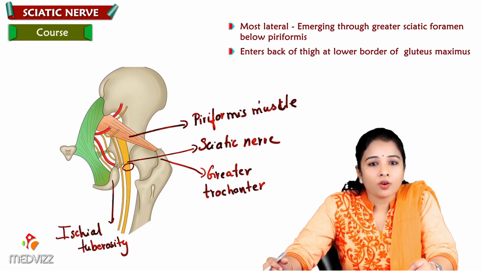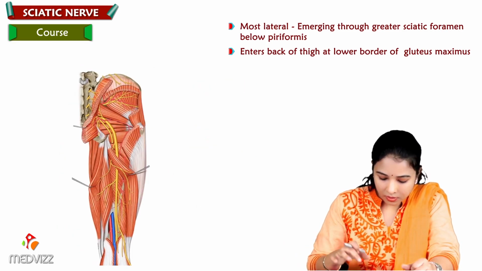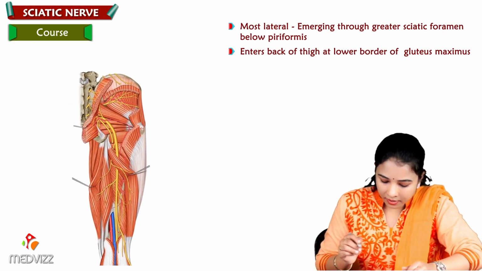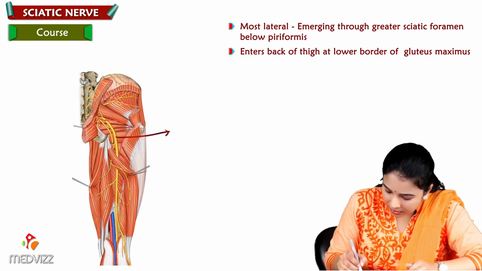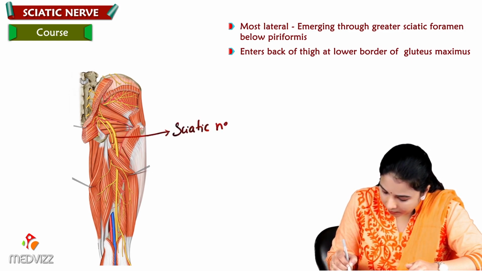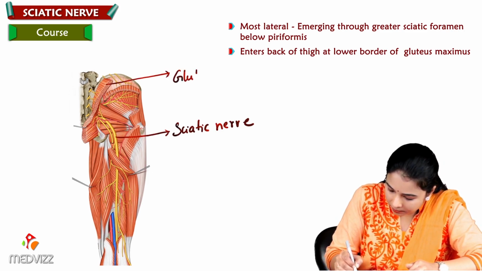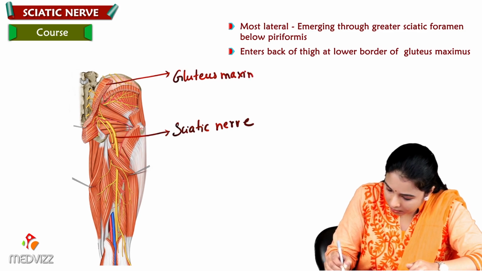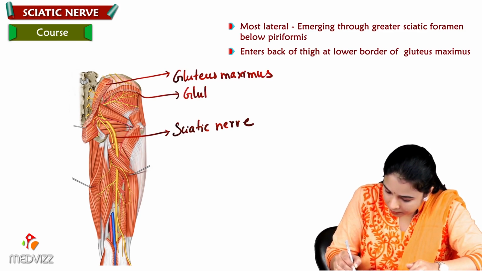It enters the back of the thigh at the lower border of the gluteus maximus muscle. This is the image of the sciatic nerve showing the structures underneath the gluteus maximus muscle. These are the cut ends of gluteus maximus, and we can see the cut part of gluteus medius also.